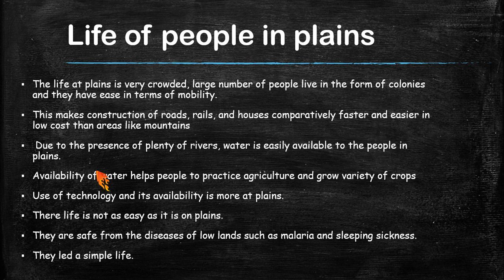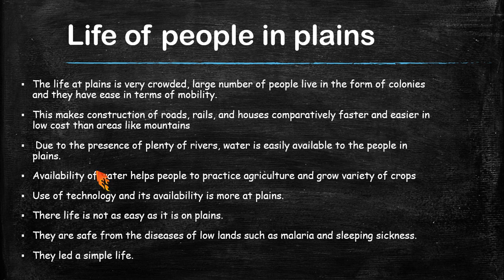Due to the presence of plenty of rivers, water is easily available to the people in the plains. With availability of water, they practice agriculture and grow a variety of crops. Use of technology and mobility is more available in plains.